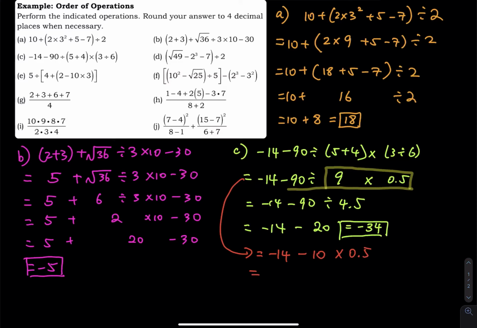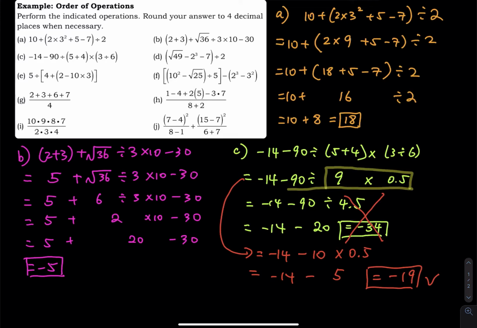So 10 multiplied by 0.5 is equals to negative 90 divided by 9 and then multiply by 4.5. Half of 10 is 5. So we have negative 14 minus 5. That is equals to negative 19. This is right and then this is wrong. How's that?